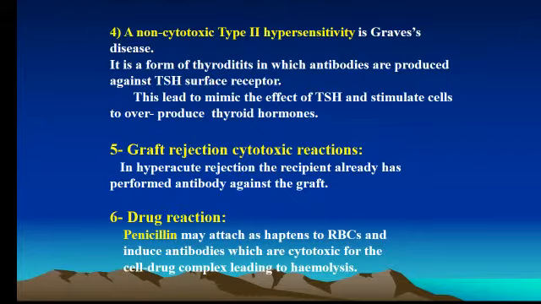Now, a non-cytotoxic type 2 hypersensitivity is Graves' disease, a form of thyroiditis in which antibodies are produced against the TSH surface receptor. Of course, this leads to mimicking the effect of TSH and stimulating cells to overproduce thyroid hormones.